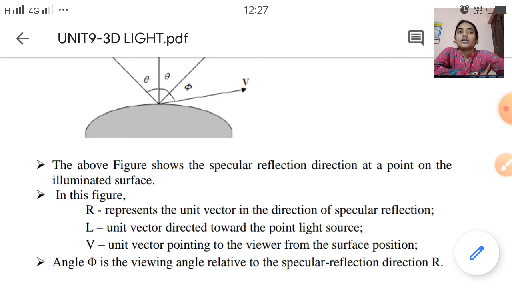Okay, in the next class we will discuss another chapter. So here the 3D light concept, or basic illumination model and surface rendering concept, will be completed. All of you go through it, learn this, and make your notes.